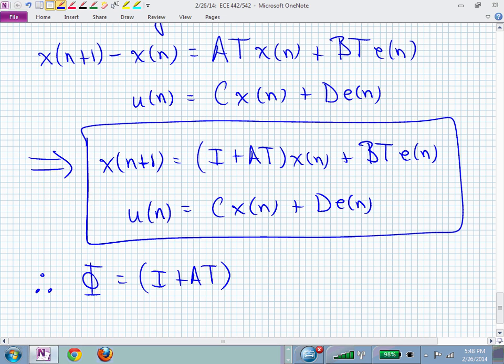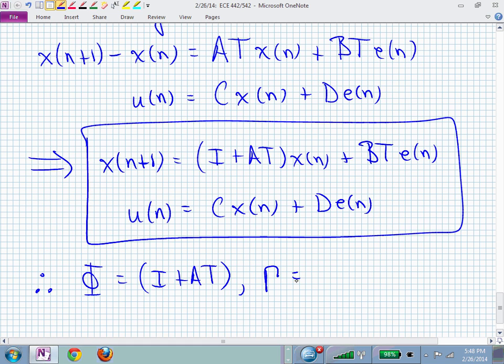I is 12 by 12, A is 12 by 12, T, that's a scalar, isn't it? That's our sample period. This is not a matrix-matrix product, that's a matrix scalar product, so there's not much to that manipulation. You just scale everything in the A matrix by capital T.